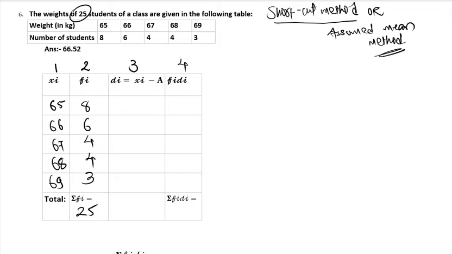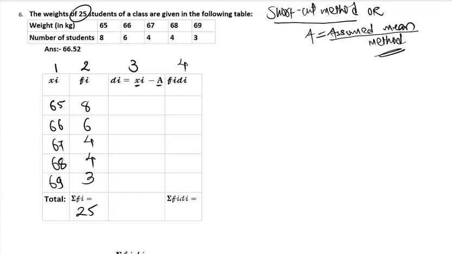So the next thing in shortcut method, after making the table and understanding the columns, what does this third column say? Di. Di is equal to xi minus a. Xi is the observation, but what is a? A means assumed mean. That's why this method is also known as assumed mean method.